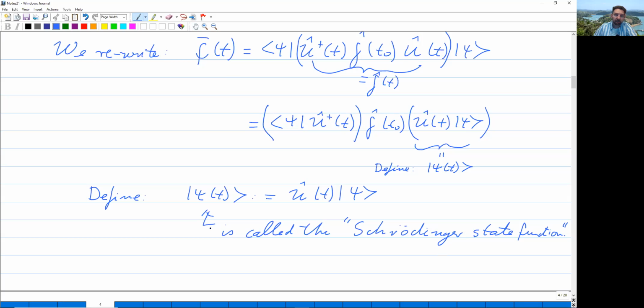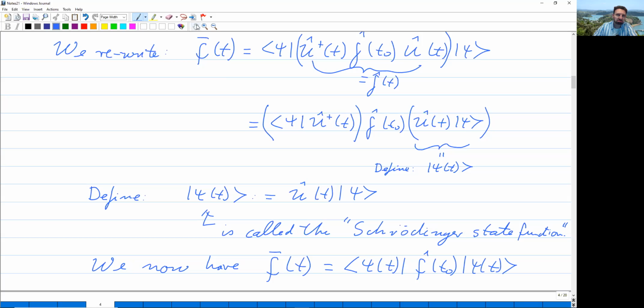And in particular, it seems that we still have to calculate u hat of t. You see, we now have that f bar of t is equal to psi of t, f hat of t naught, psi of t.